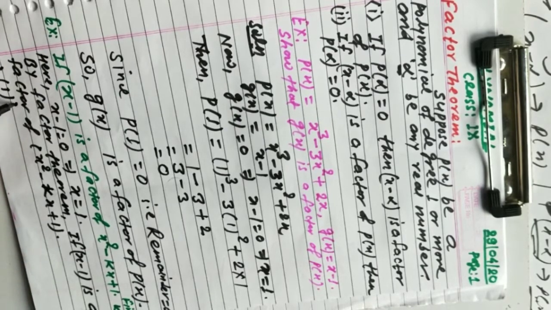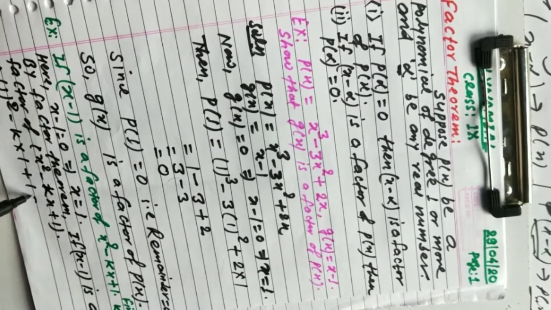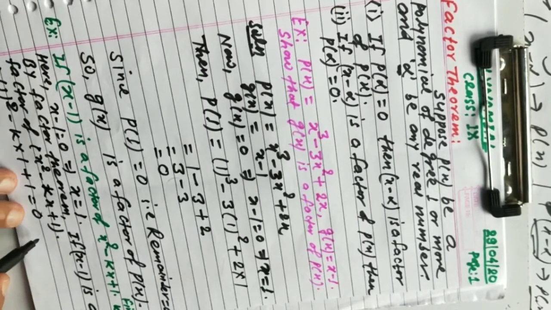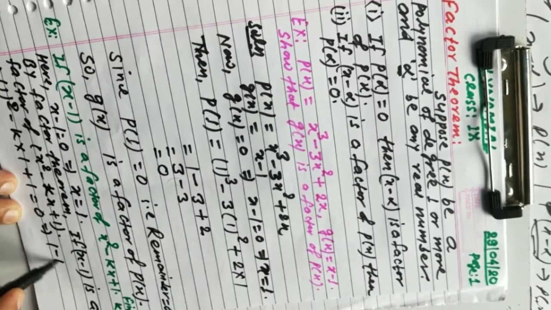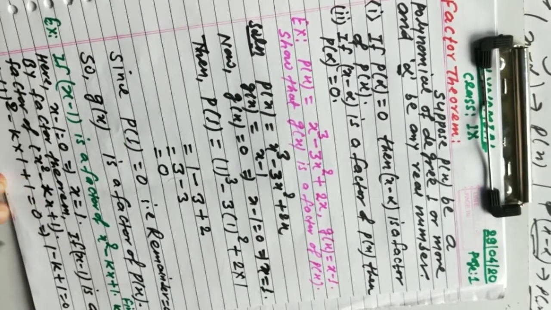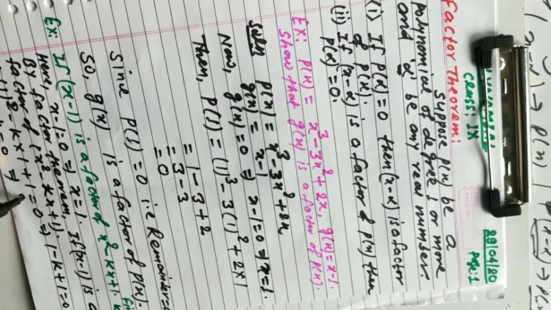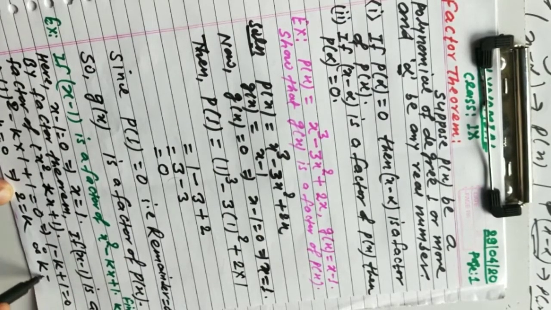So 1 square minus k into 1 plus 1 will be equal to 0. This implies that 1 minus k plus 1 will be equal to 0. This implies that 2 minus k will be equal to 0. This implies that 2 is equal to k. Therefore, k will be equal to 2. This is your answer.